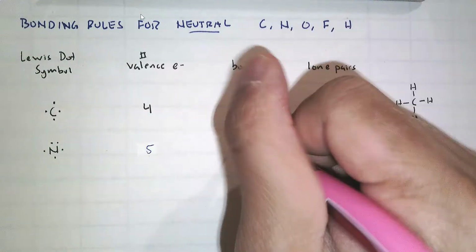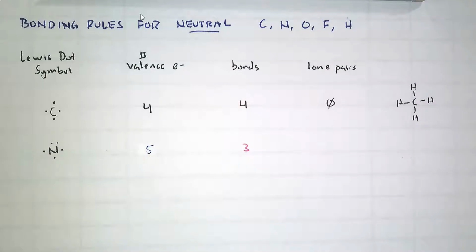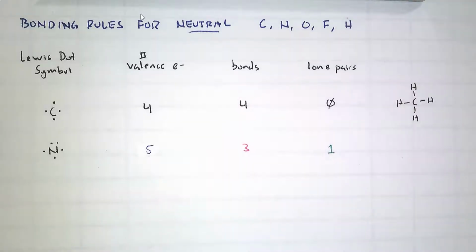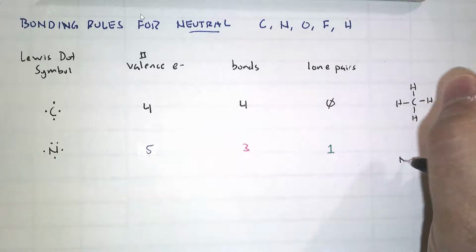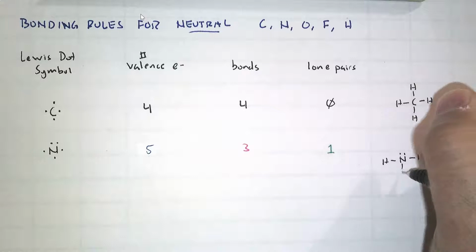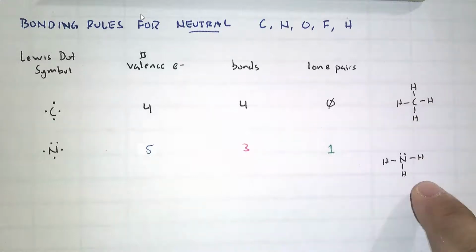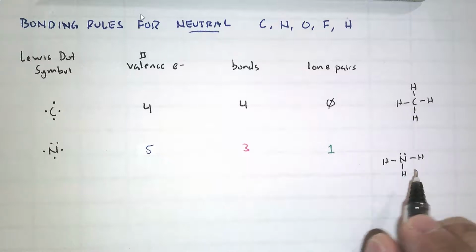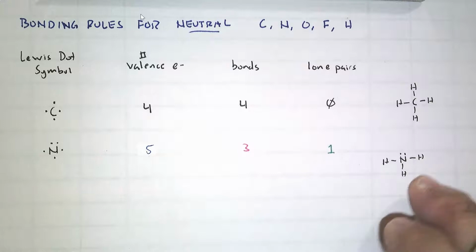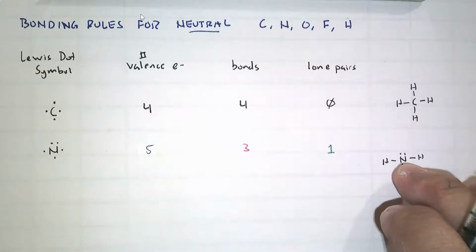There were 3 bonds. And how many lone pairs? There was 1 lone pair. We could redraw NH3 here. At this point, it doesn't matter what the bond angle is, which is the angle between 2 bonds. What's important is that you draw the right number of lines and the right number of dots.